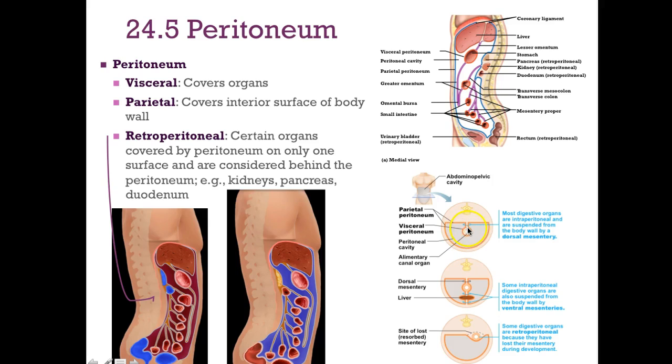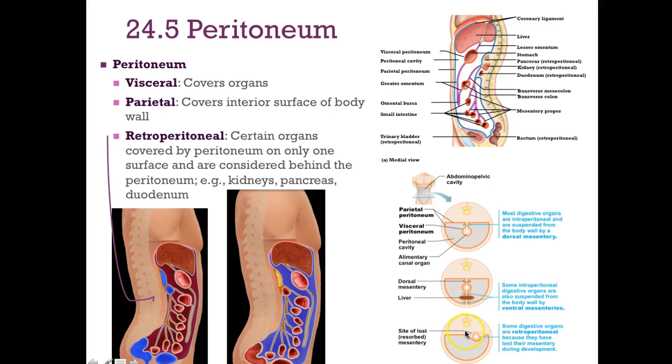And so what we first have here is going to be the dorsal mesentery, and then as we get some other organs developing here, we will start to develop a connection anteriorly. And so we would call this the ventral mesenteries.